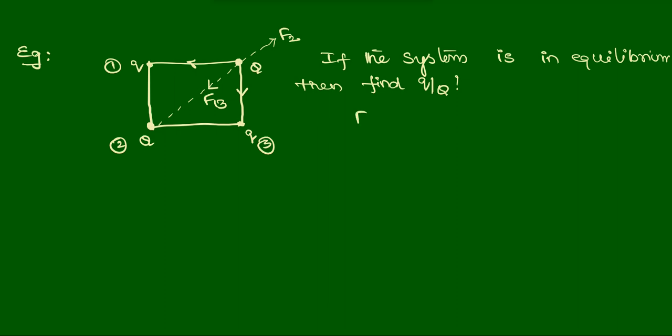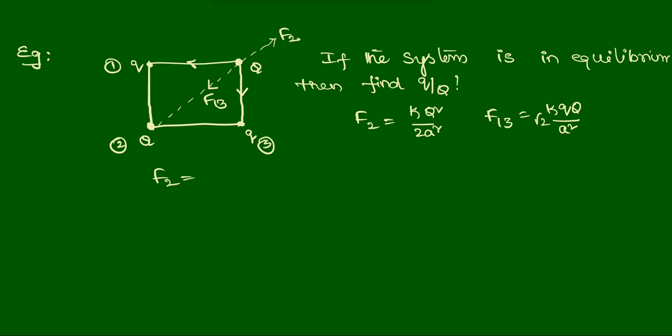F2 is acting in this direction. F2 we got as k q square by 2a square, whereas F13 will be root 2 k q by a square.